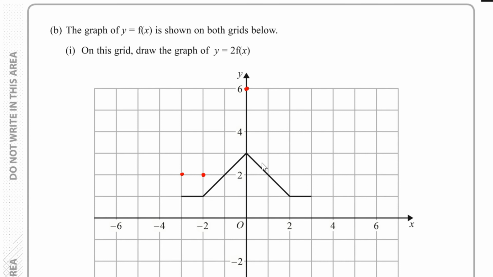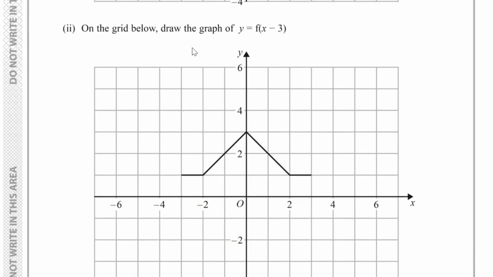And then through the symmetry we can complete the graph. So we have something looking like this. So this is the graph of y equals 2 lots of f of x.